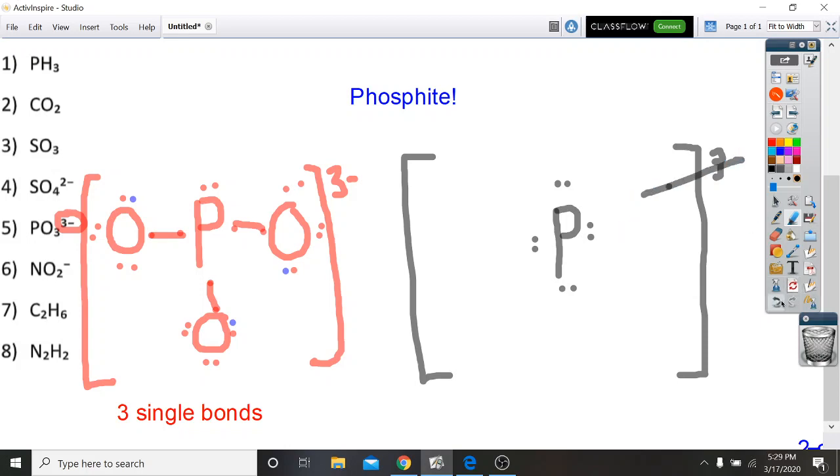So now I'm going to go O, 1, 2, 3, 4, 5, 6. Coordinate bond. O, 1, 2, 3, 4, 5, 6. Oh, that looks like a poop, right? Coordinate bond and coordinate bond to my last O.